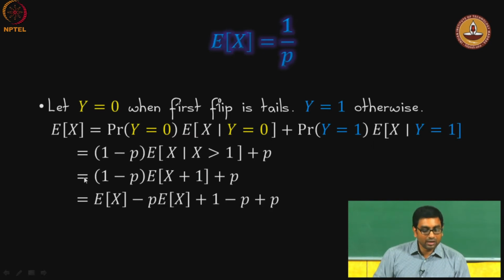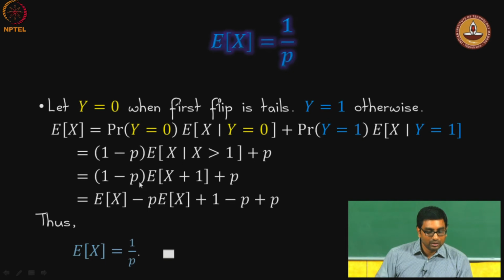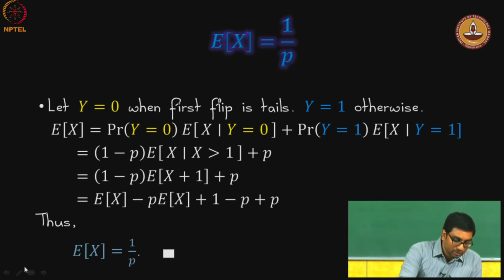Now, we can apply linearity of expectation. I am skipping a step here: linearity of expectation, and then multiply it with 1 minus p, and you will get these terms, and you will get a few cancellations. So, p and minus p will cancel out. Let us actually work this out a little bit carefully.